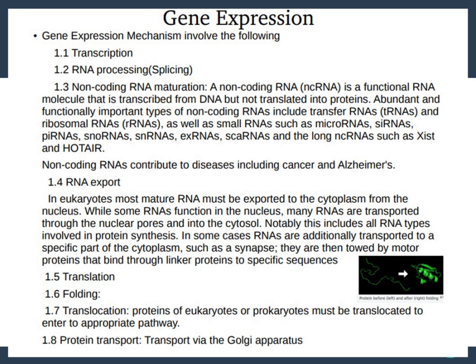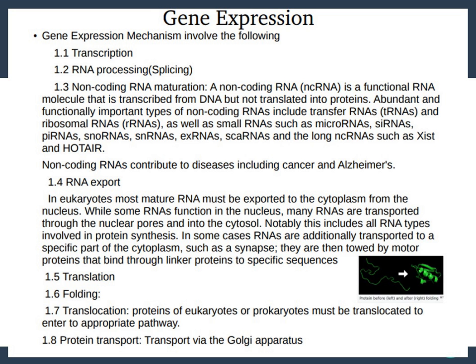Notably, this includes all RNA types involved in protein synthesis. In some cases, RNAs are additionally transported to a specific part of the cytoplasm, such as a synapse. They are then towed by motor proteins that bind through linker proteins to specific sequences.